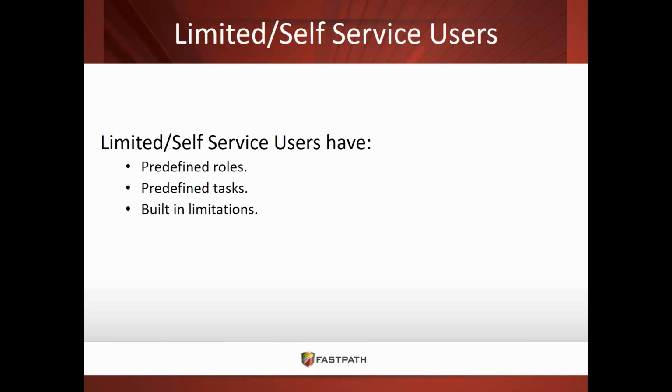So it does help to take advantage of some of those limited and self-service licenses that are available out there from Microsoft. Maybe you have everybody as a full user, but they're only logging in to do some specific tasks, maybe some read-only information, or maybe they're just doing approvals or requisitions or using GP workflow or something like that.